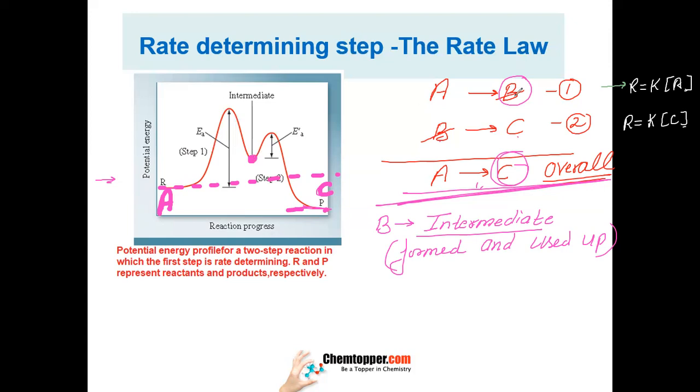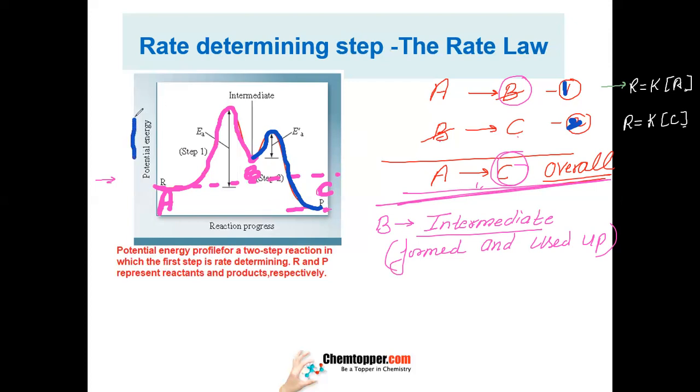What is the intermediate in our example? B. Now, the reaction goes from A to B, and then from B to C. These are two steps, step 1 and step 2, and both steps are visible on the energy profile.